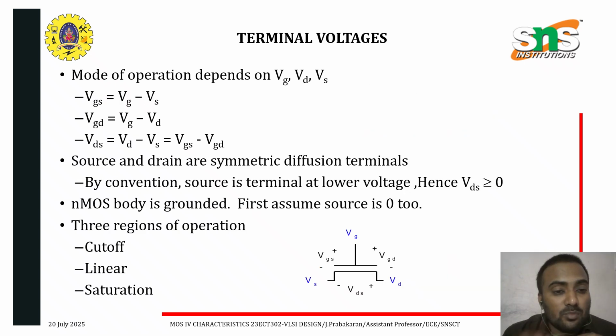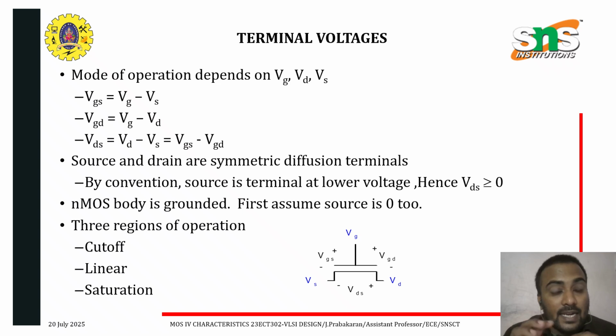These operation modes depend on different terminal voltages, that is gate terminal voltage, drain terminal voltage, and source terminal voltage. Gate source voltage is equal to the difference between the gate terminal voltage and the source terminal voltage.